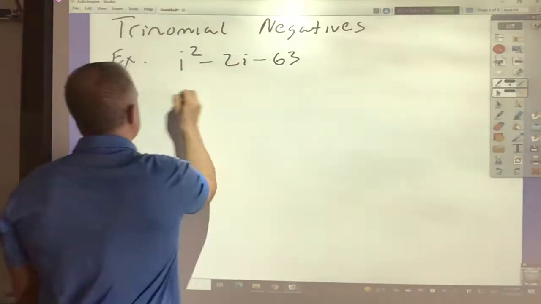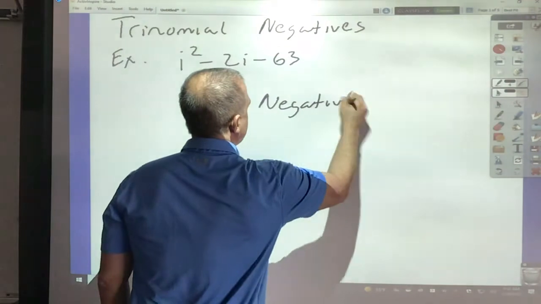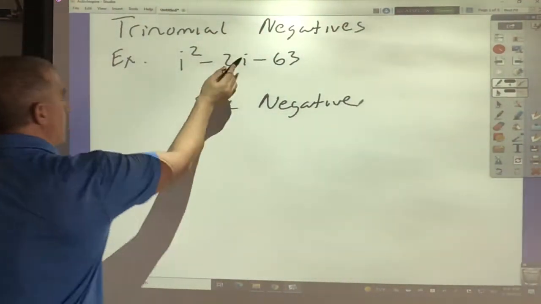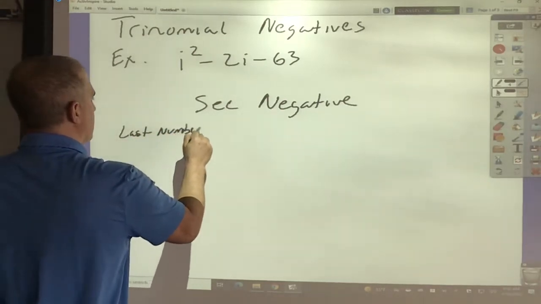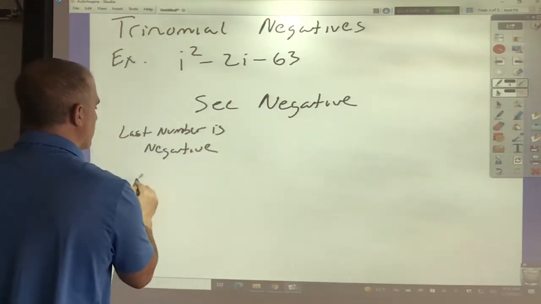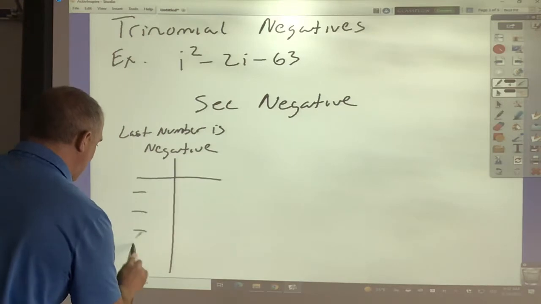If you see a negative, it's one of 2 scenarios. If the last number is negative, when you go to make your chart, you'll have one side negative.